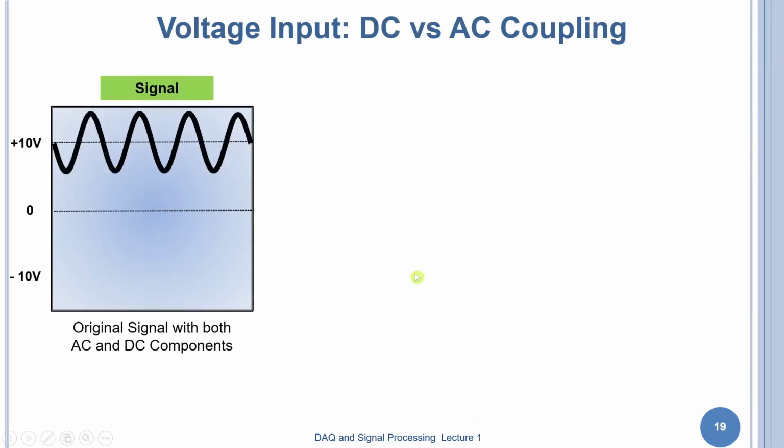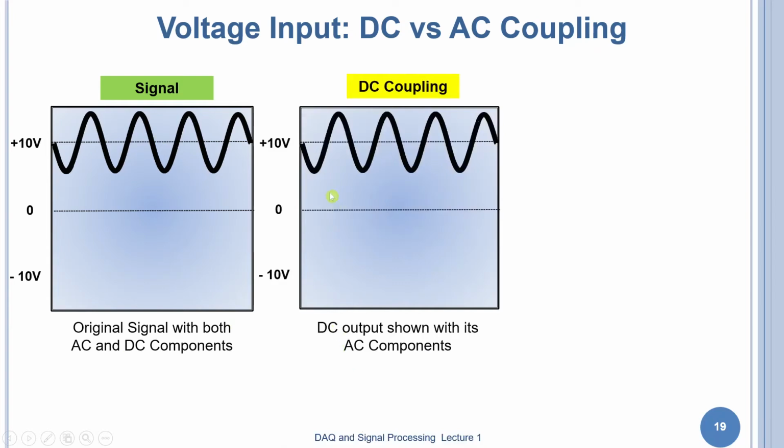In many DACs, you have an option to choose between DC or AC coupling. Let's consider this signal which has a DC offset of 10 volts, and it has some fluctuation. If I use DC coupling, I am not only going to measure the DC offset, I will also measure the fluctuations.